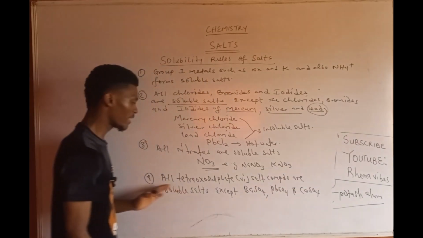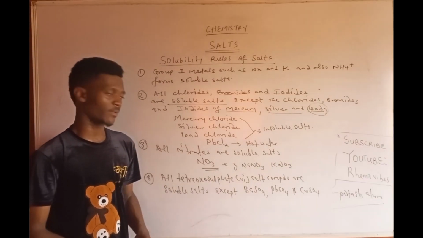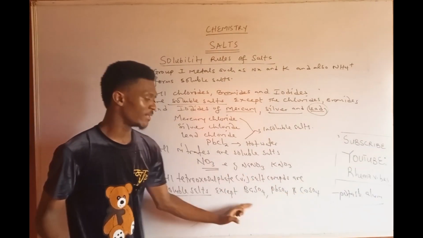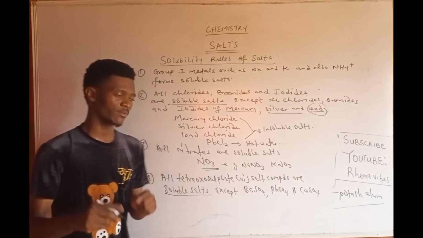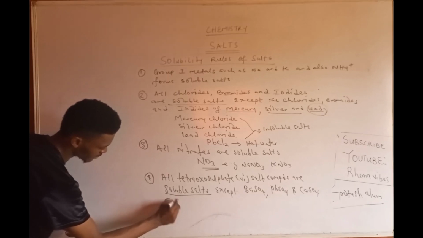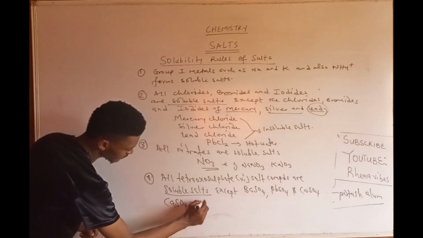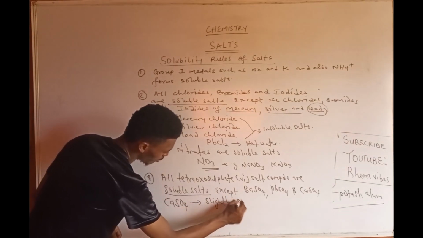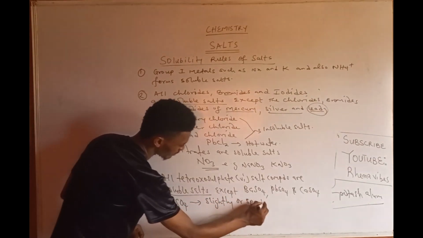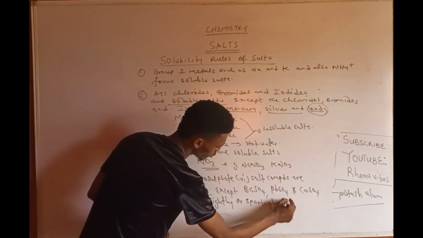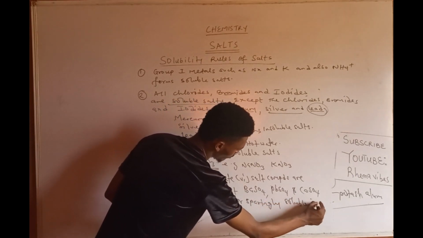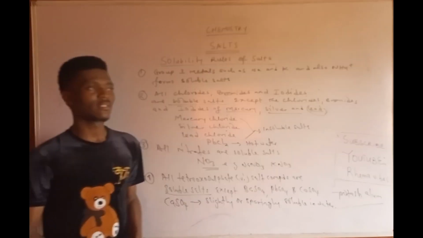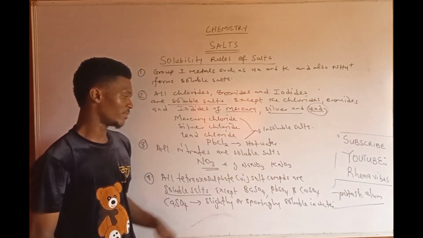Every other tetraoxosulfate(VI) salt is considered soluble, except these three. But among these three, there is still an exemption. Calcium sulfate, CaSO4, is sparingly soluble in water. It means that CaSO4 dissolves slightly in water.